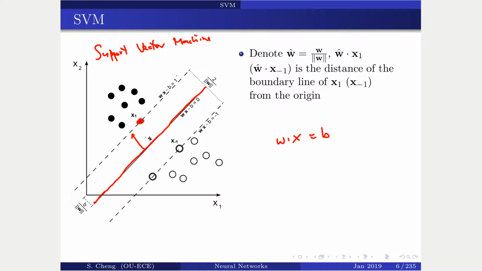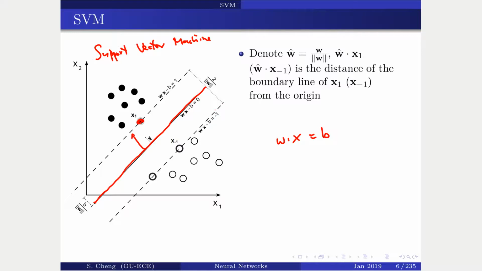If it was originally equal to a, then I'll just divide b and w by a. So without loss of generality, I can assume this one is just equal to 1. And on the other side, if my boundary is exactly in the middle between the two support vectors, then the other side will be just −1. So I have 1 and −1 there.